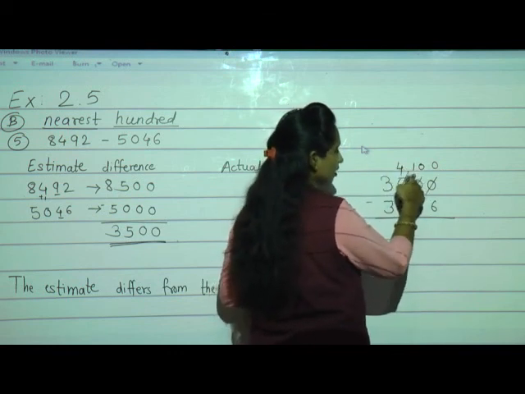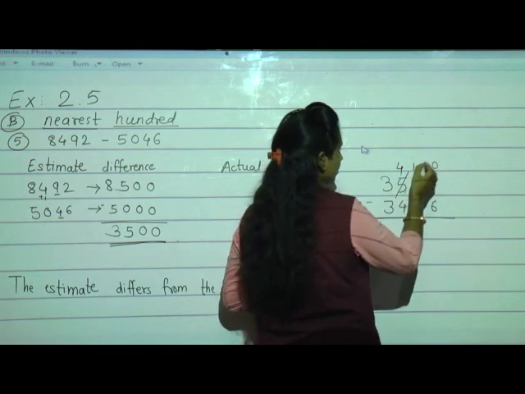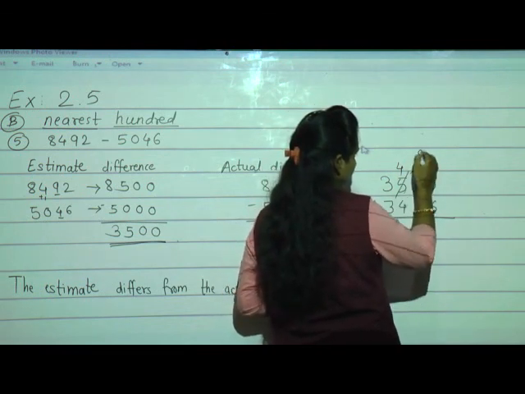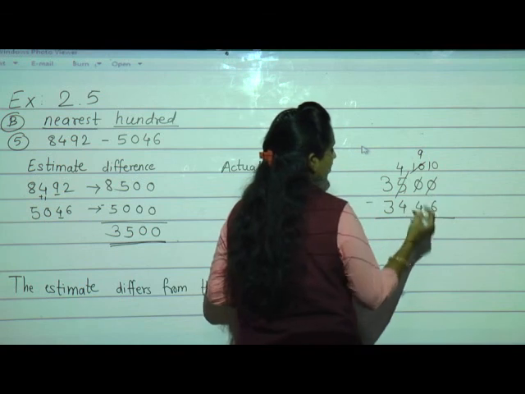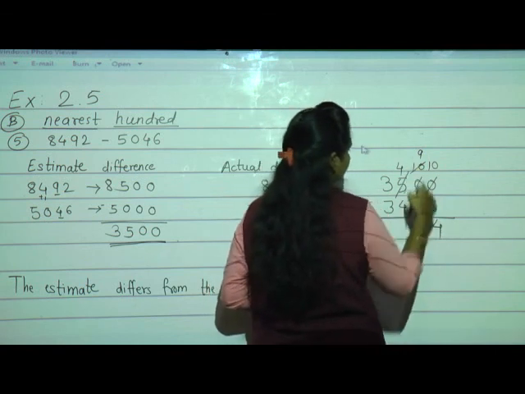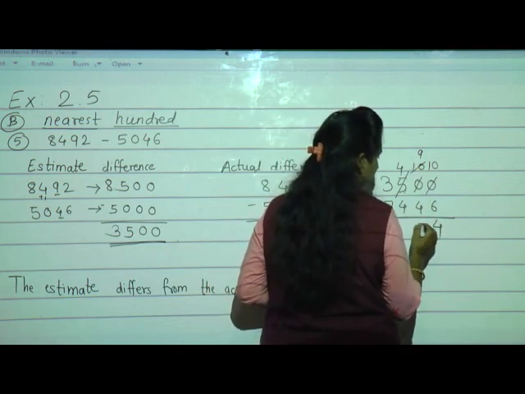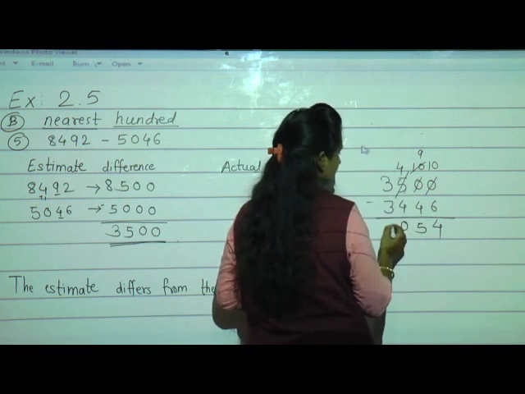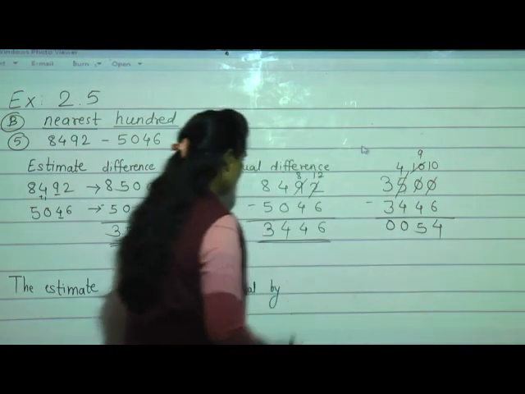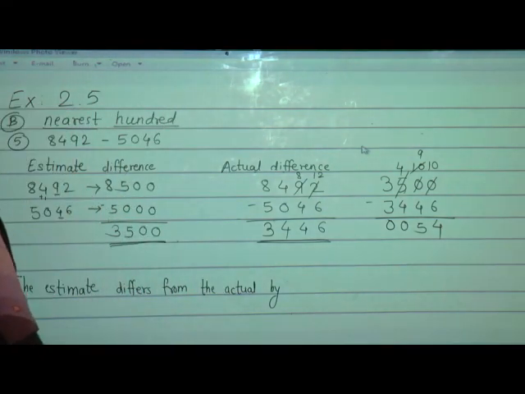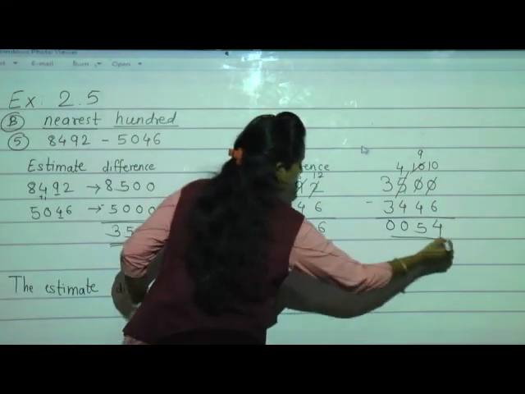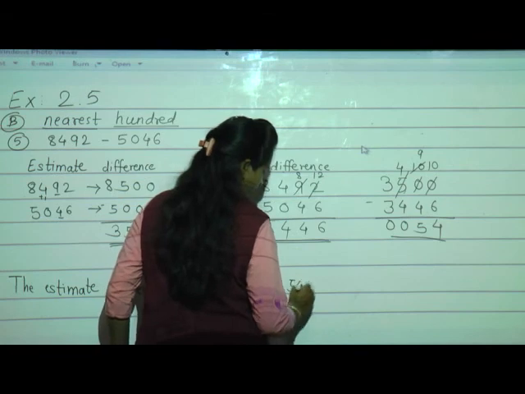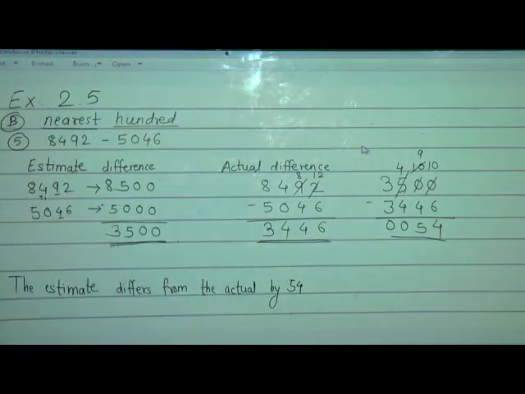So now this neighbor is having 10 in the tens place, so he will give 1 to the ones place and here 9 will remain. So 10 minus 6 is 4, 9 minus 4 is 5, 4 minus 4 is 0, 3 minus 3 is 0. So the estimate differs from the actual by 54. Understood till here? Yes, clear.